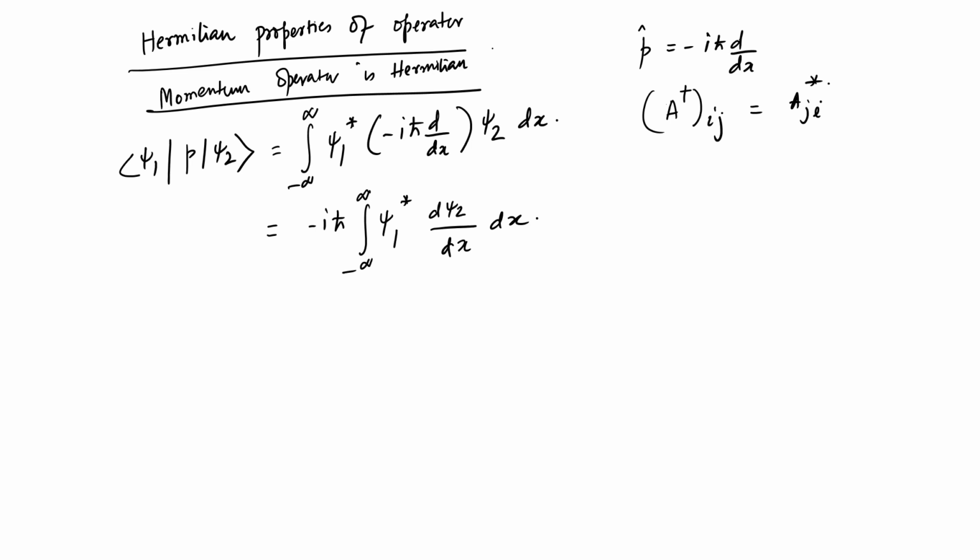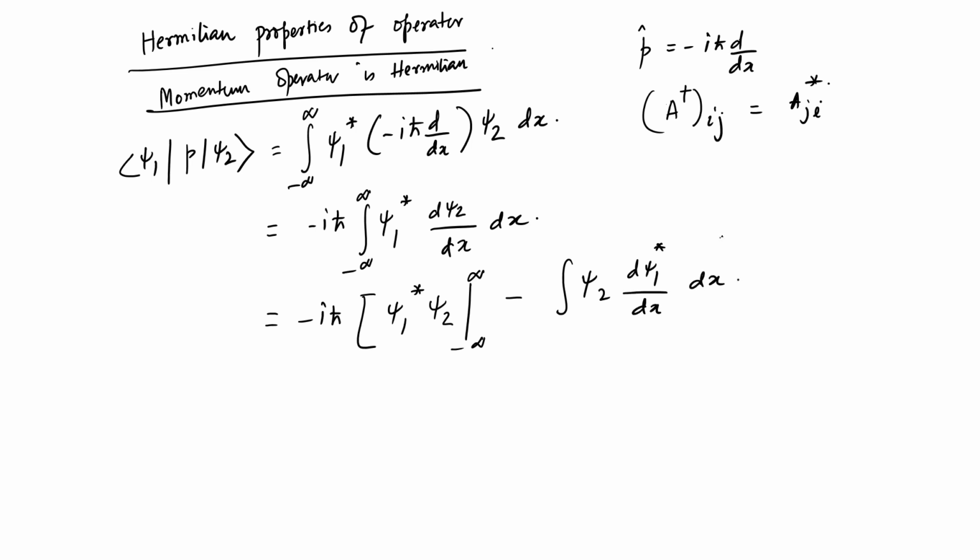We can do it by using integration by parts. That gives us minus i h cross times [psi 1 star psi 2 from minus infinity to plus infinity, minus the integral of psi 2 d psi 1 star/dx dx].